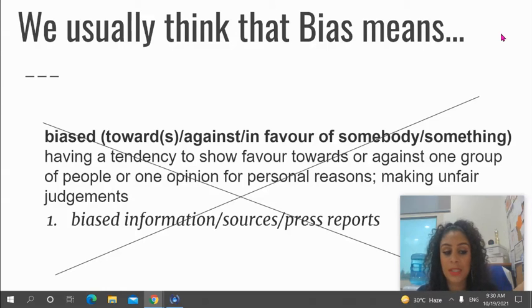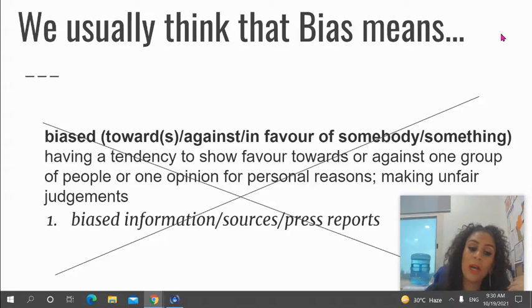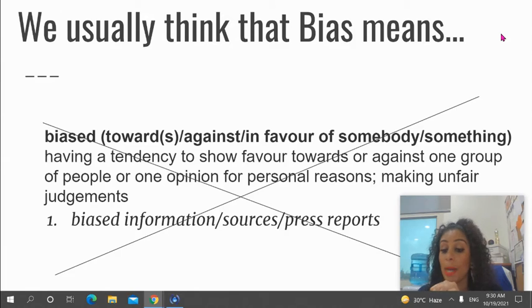If you had a definition that said maybe it's having a tendency to show a favor towards a group of people, or it's an unfair favoring of somebody, making unfair judgments, maybe perhaps something about biased information, if that was your definition, cross it out for me, because that's probably our biggest understanding of bias, that it has a negative connotation. We often say, well, that's bias, and we think of bias as a negative thing. I want you, if you had a negative definition for bias, just to pause on that. It's not wrong. It is one definition of bias.